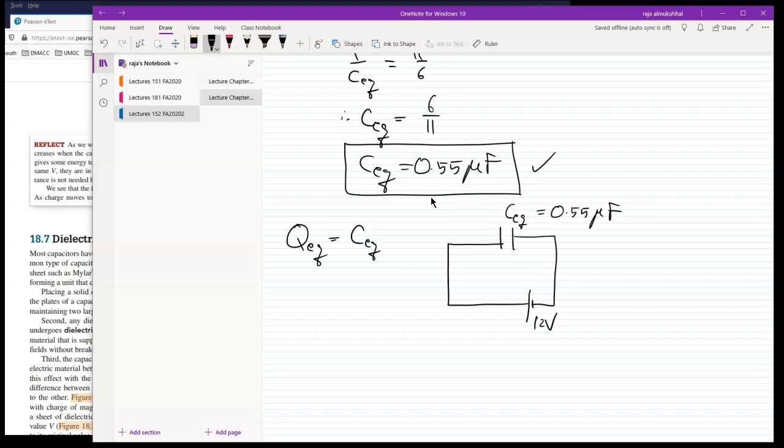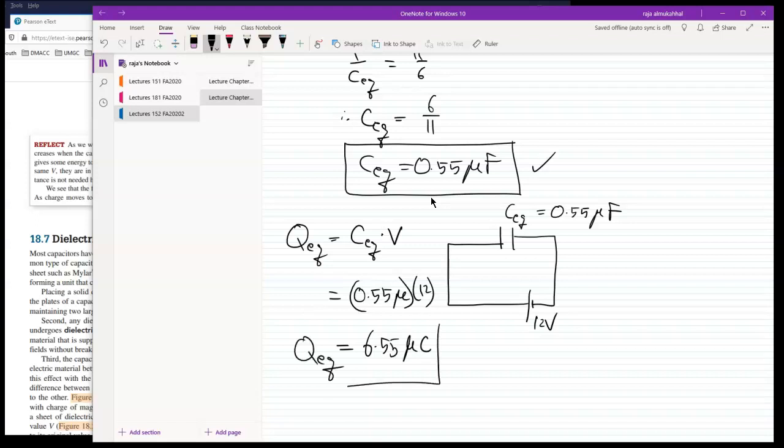So C equivalent times V, and that will be equal to 0.55 mu times 12. I got 6.55 microcoulomb. Now, what's so special about the charge in a series, guys, is that Q1 is equal to Q2 equals Q3 equals Q equivalent.